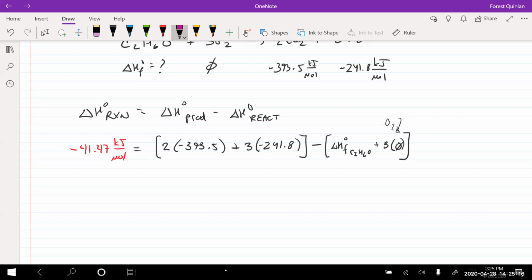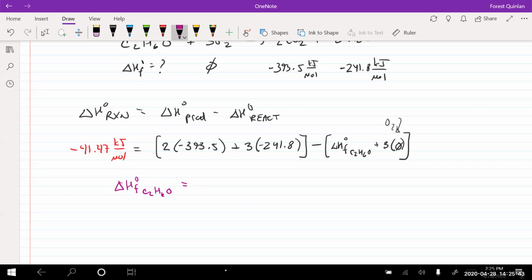So at the end of the day, the delta H naught of formation of C2H6O is equal to, see if I did that right.